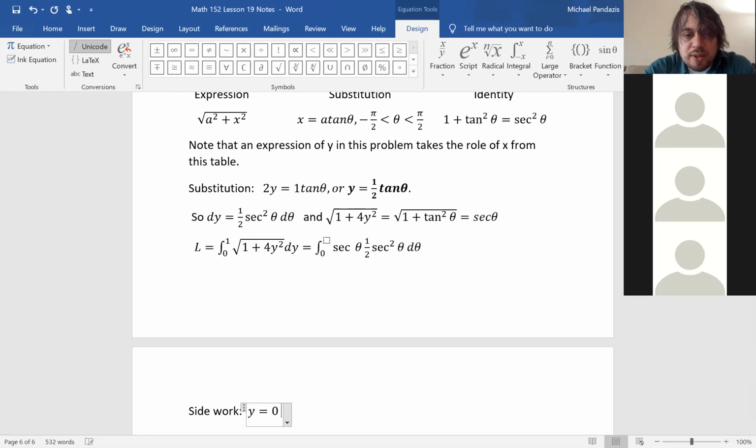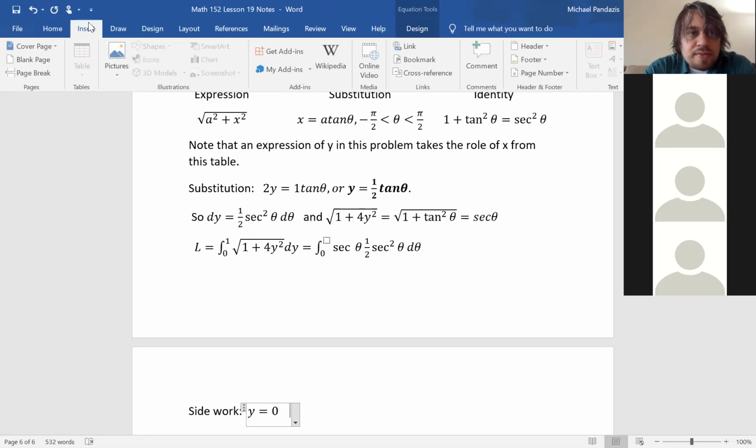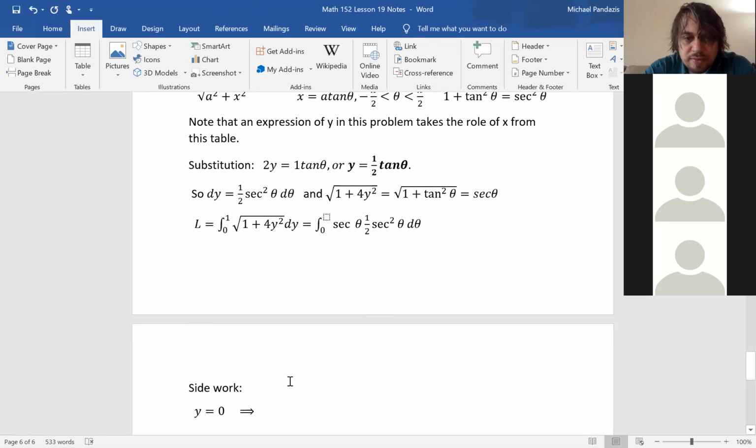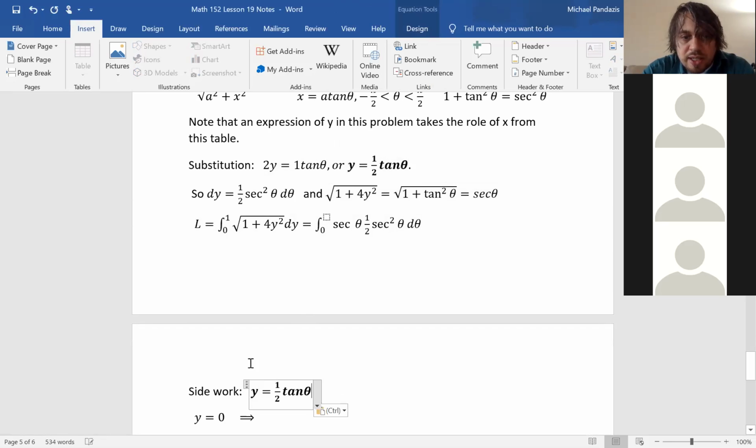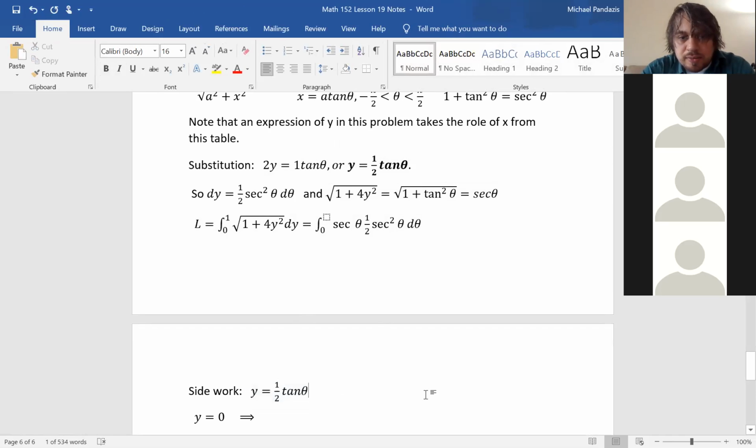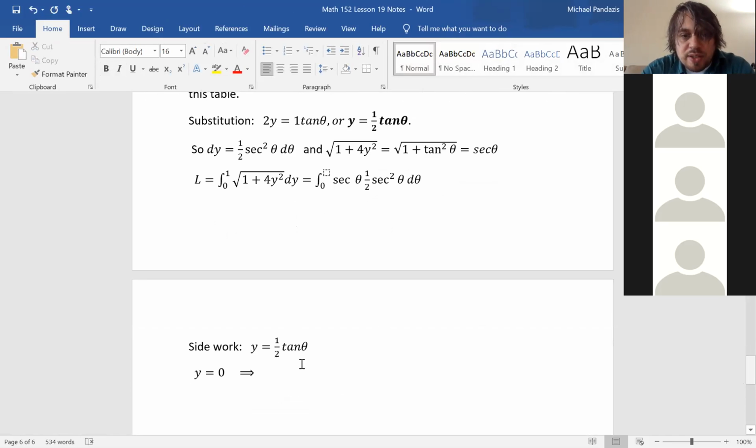If you have y equals 0, that will imply, by the formula relating theta and y, y equals 1/2 tan theta, that tan theta is 0.